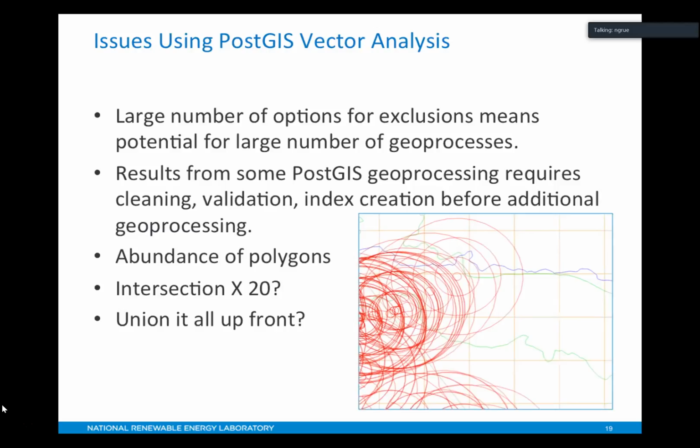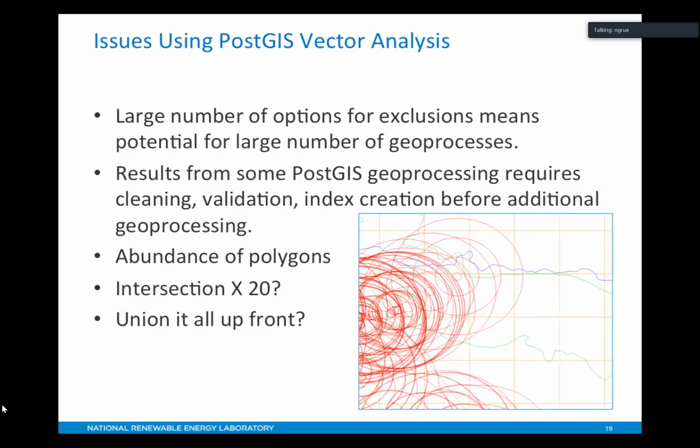And so we would find that we'd have to do an intersection between two of the layers, and let's just say that we're considering 5 layers. You do an intersection between 2 layers, then you have to clean and validate and create an index, and then you move on to the next layer. So now you have this combined data set from the first 2 layers, but you have this third one that you need to intersect against as well.